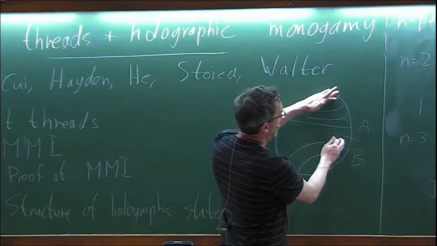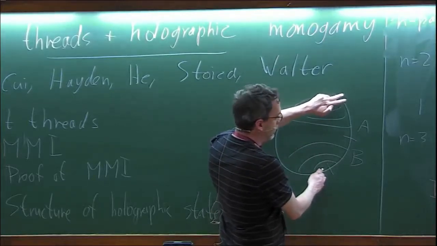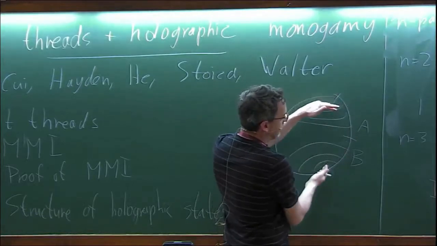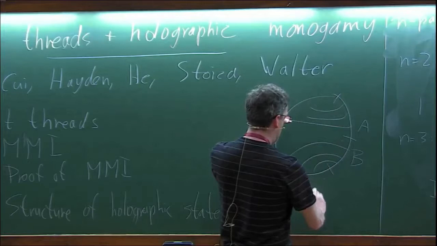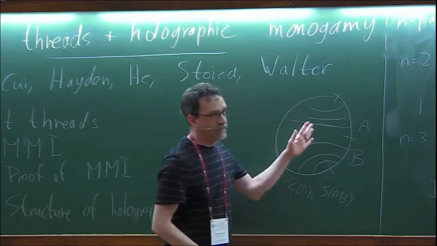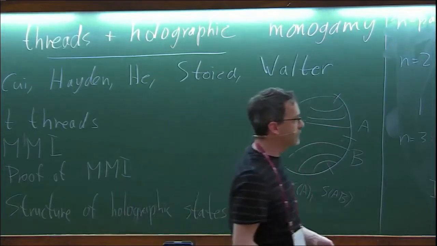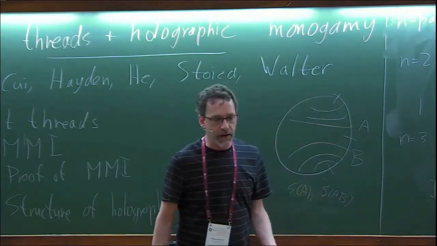In other words, there's a single thread configuration which simultaneously calculates for you S of A and S of AB. This is called the nesting property, and it's used in the proof of strong subadditivity. The nesting property is not powerful enough to prove MMI, you can show.